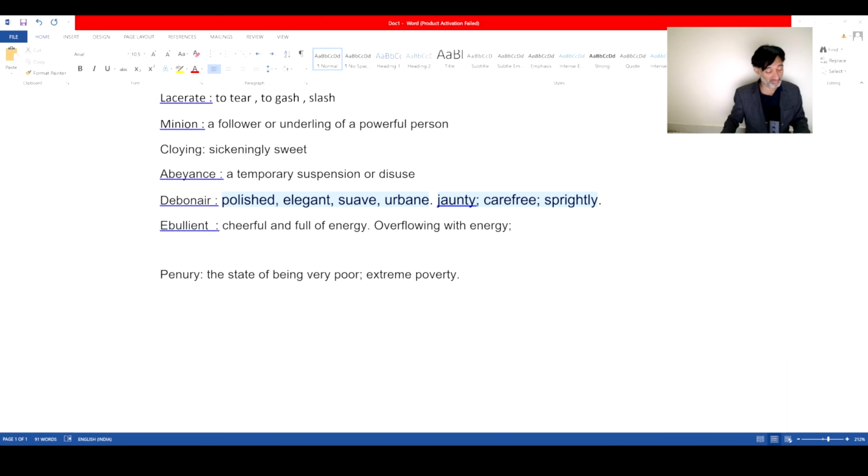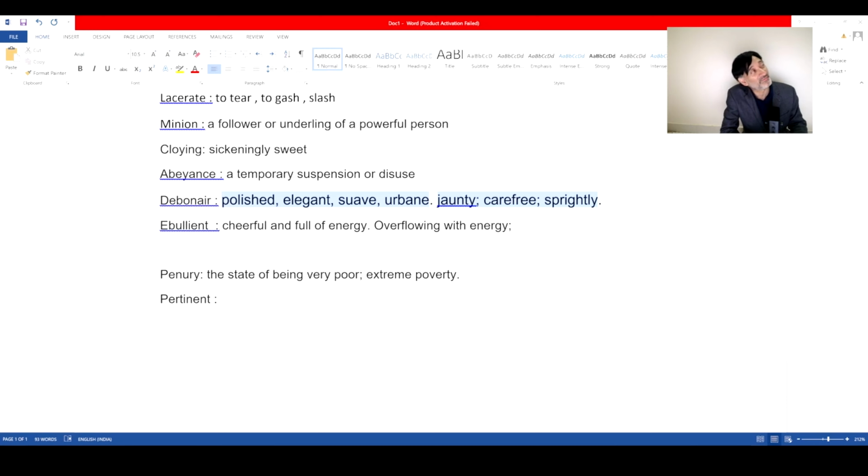Okay, let's move on to another word. Pertinent. What is pertinent? It is relevant to the matters in hand. Something that is relevant or applicable to a certain matter at hand. So, the judge asked a lot of pertinent questions.